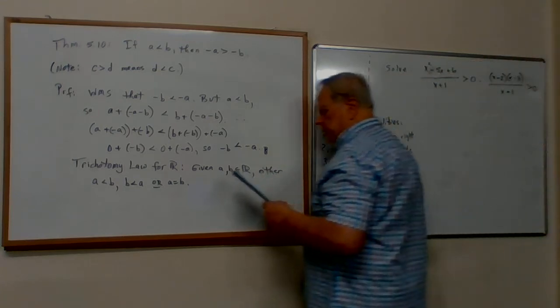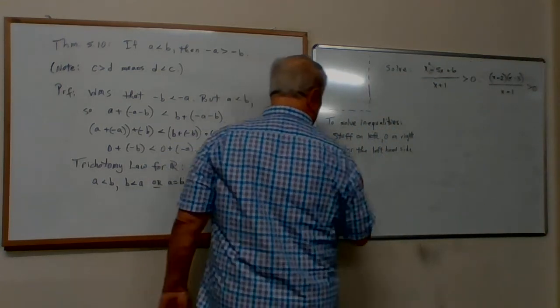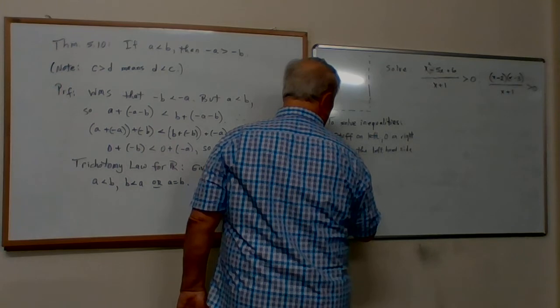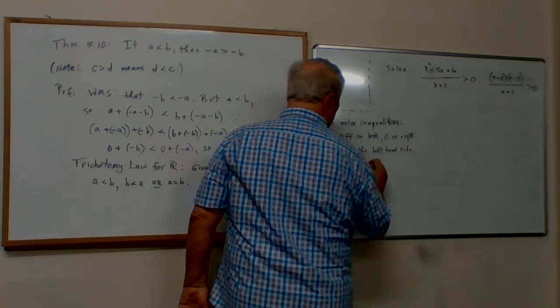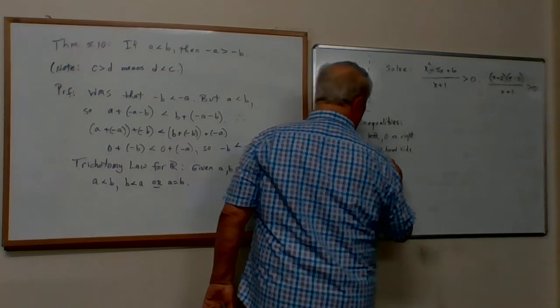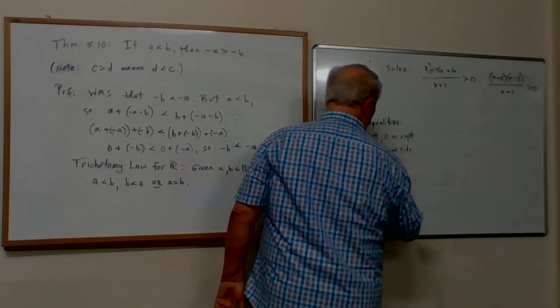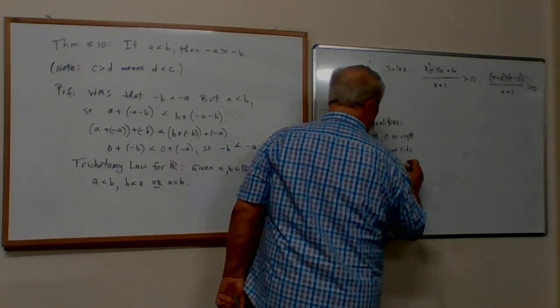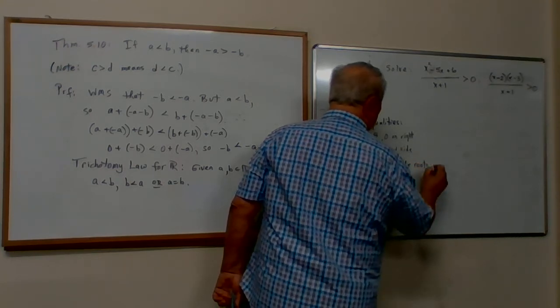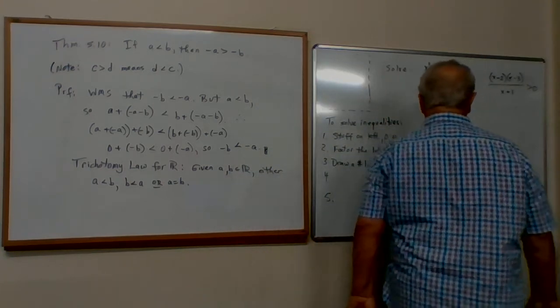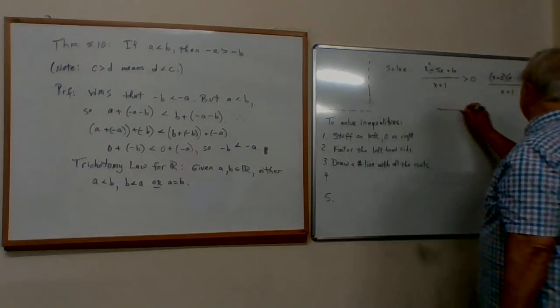Number 3. Draw a number line with all the roots, all the zeros. Okay? Well, here's a number line.